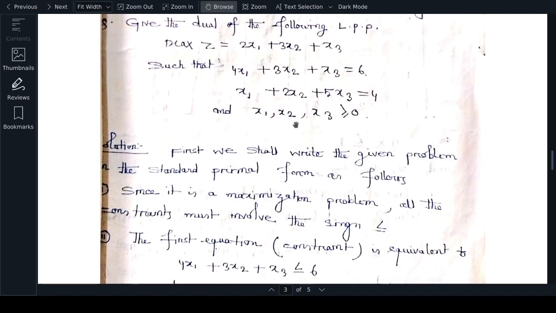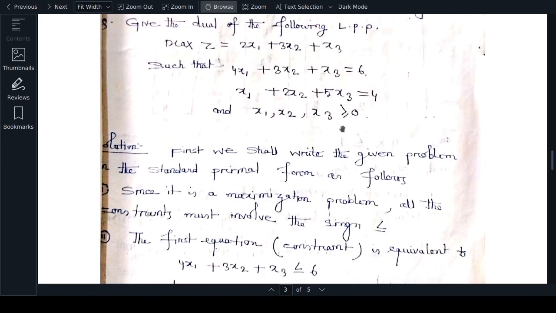So in the dual, how many unrestricted variables do we get in this problem? Two unrestricted variables. Why? Because two equality symbols are present in the constraints, so we get two unrestricted in sign. Earlier, one equality symbol was present, so one unrestricted in sign.